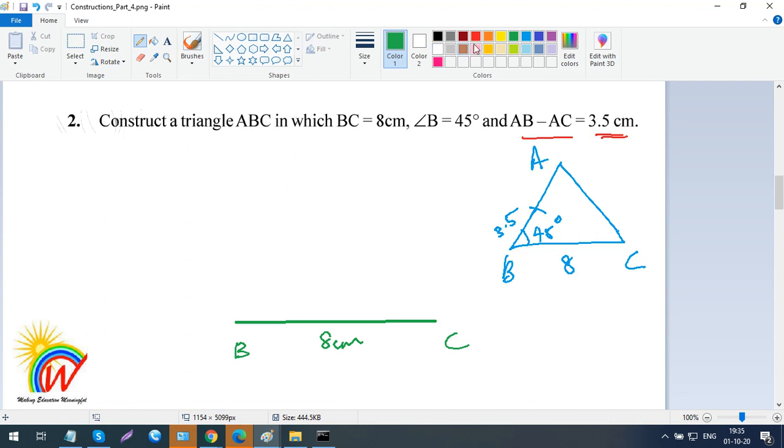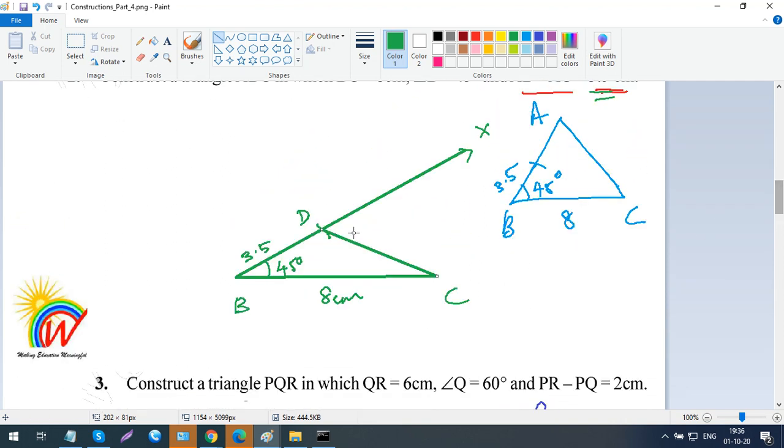Then you use your protractor and draw a line of 45 degree. Let's say this is 45 degree, and this is, let's say, X. Now you take this measurement 3.5 and cut an arc of 3.5 over here. So this is D. So this measurement is 3.5. Now join these two, D and C. Now you draw a perpendicular bisector of this line.